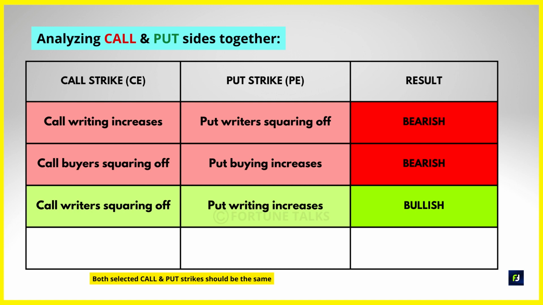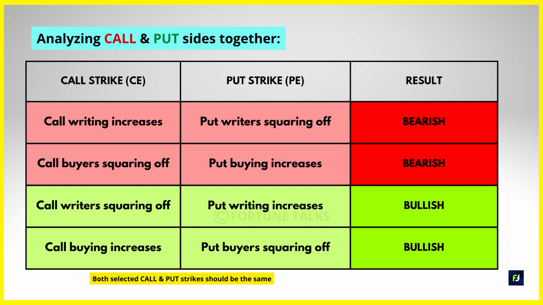Now, if a call option writer is exiting his positions, but the put option writers are adding more positions, then this is a bullish sentiment. Finally, if the call option buyers are increasing or adding their positions, and the put buyers are decreasing or exiting their positions, this also indicates bullish sentiment.